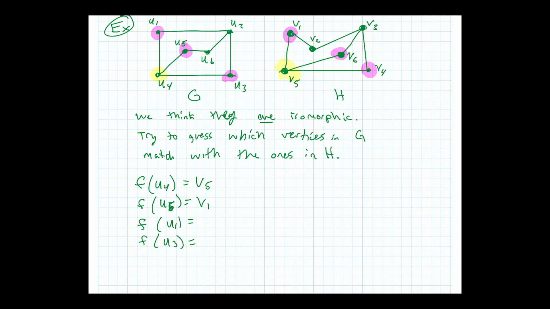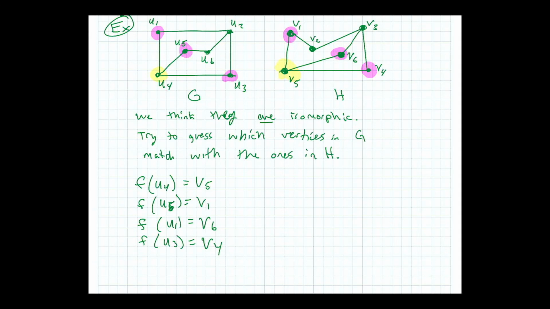So these two, V6 and V4, look like this one, U1 and U3. And I don't actually see a difference between these two and these two. Like, I don't know if V6 is supposed to be U1 or U3. It doesn't matter. V6 is just going to be one of them. So you just pick one. So let U1 be V6, which would make U3 V4.